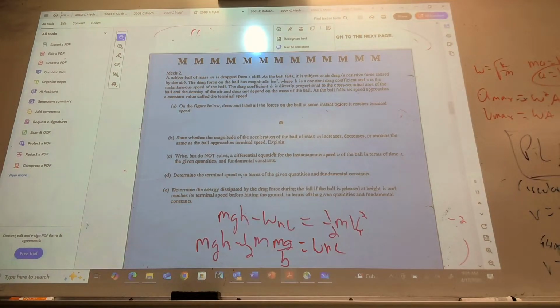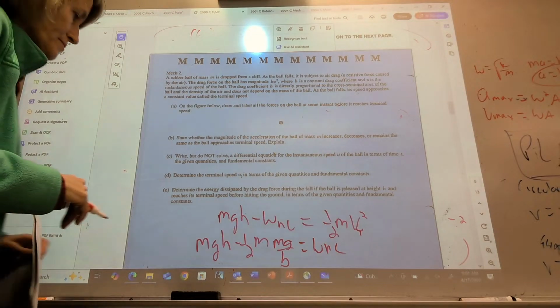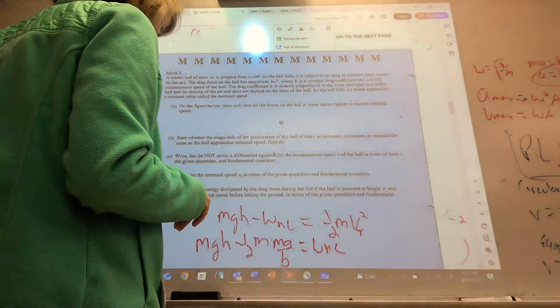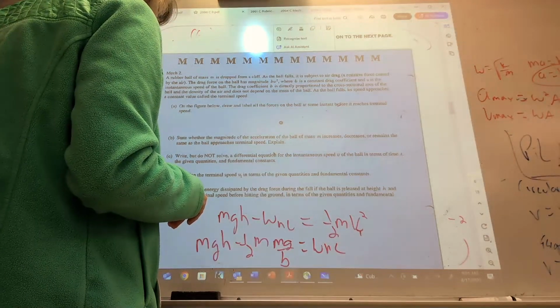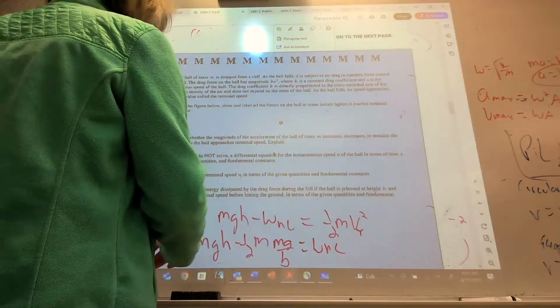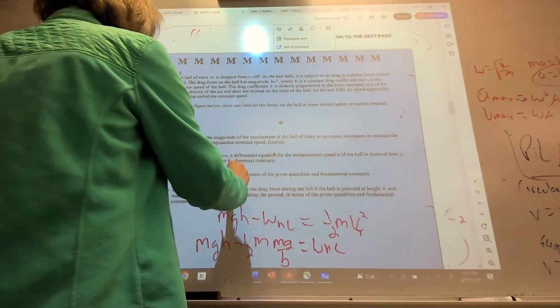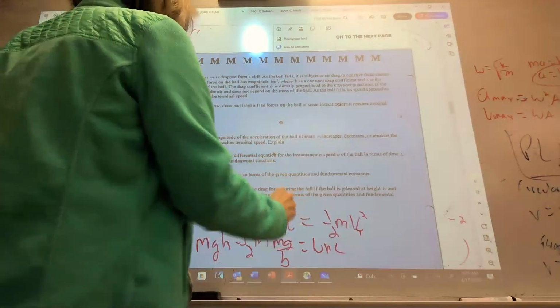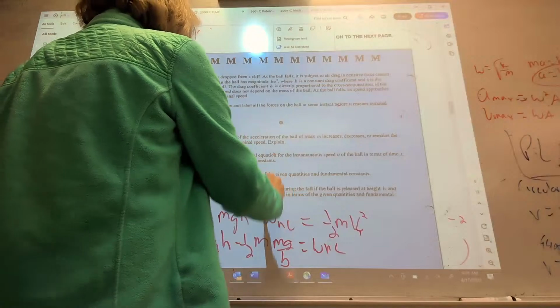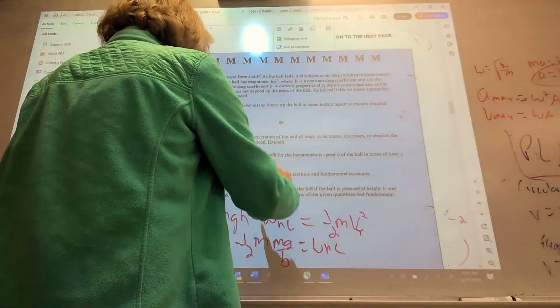If it's m times mg over b, could you say 2 mg and then cancel the 2 with the 1/2? There's no, if you want to simplify this, you could pull out an m. Okay, so you have gh minus m, 1m would be left.